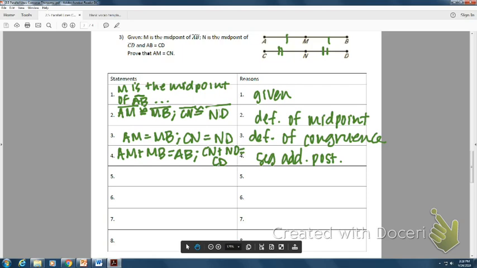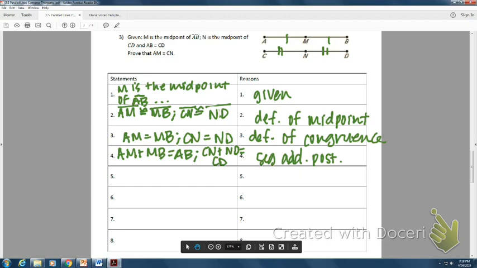Okay, where can I go now? We know that AM is equal to CN. We also know that AM is equal to MB.